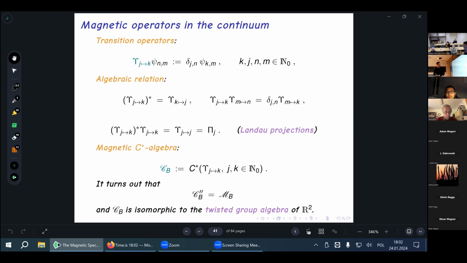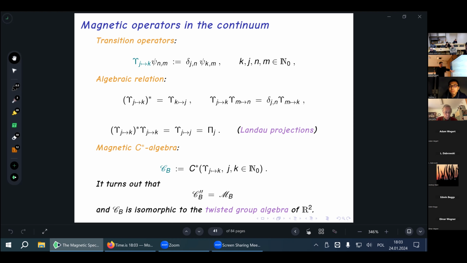Physically, this m gives information about the angular momentum of my electron. Fixing the angular momentum, these operators move a system of energy j to a system of energy k, and if it is not j, it just goes to zero. These are jumping operators. You can check these properties; they are trivial once you have this definition.